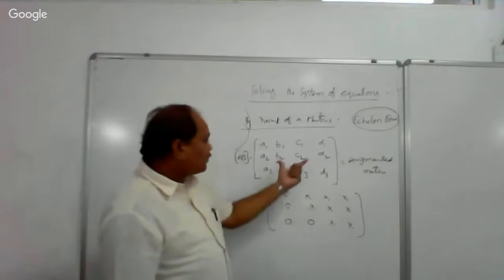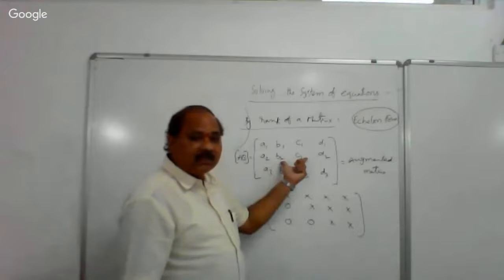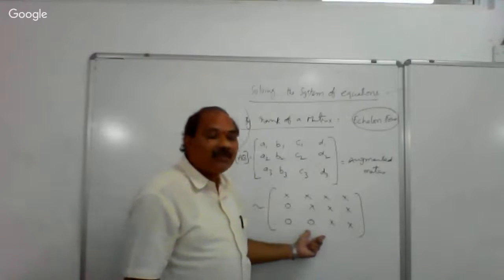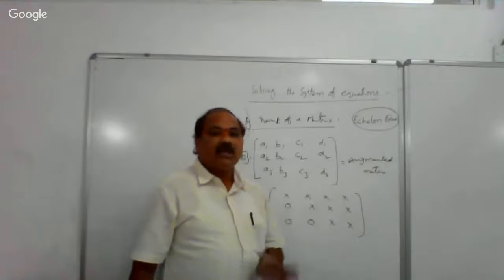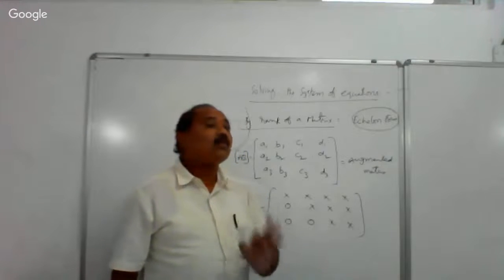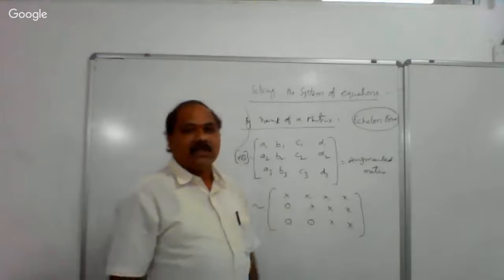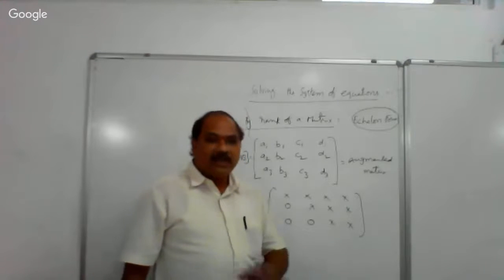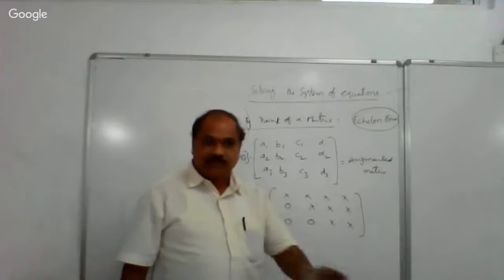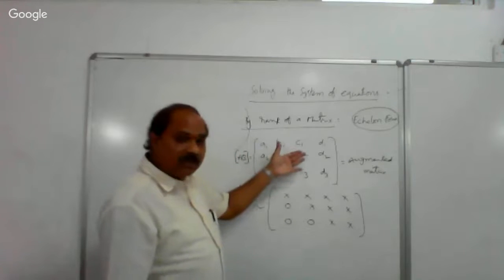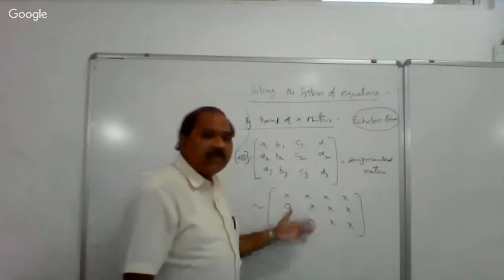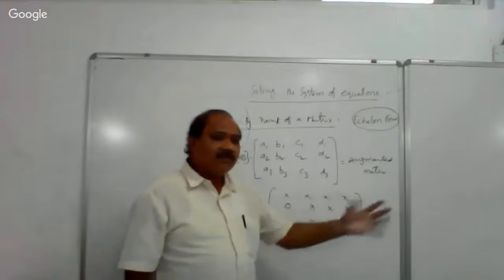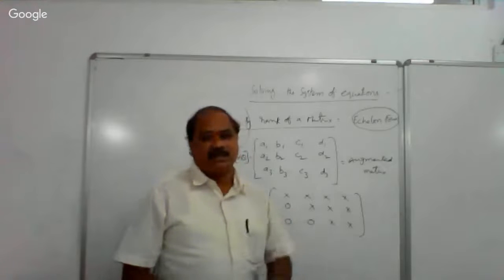First of all, we have to reduce this augmented matrix into echelon form by using elementary row transformations. By operating only on rows, we have to reduce this form into echelon form. Then by using some formula we can get the result.